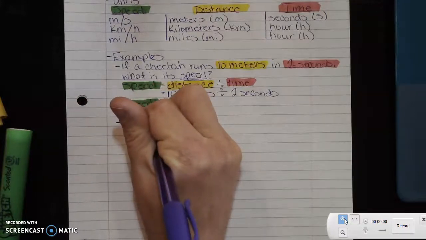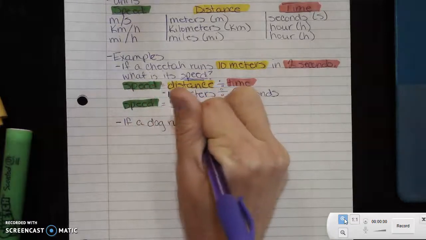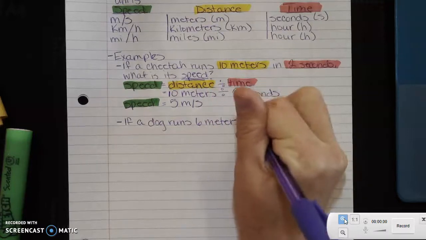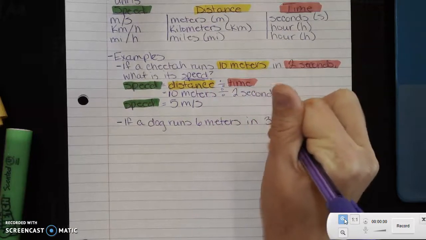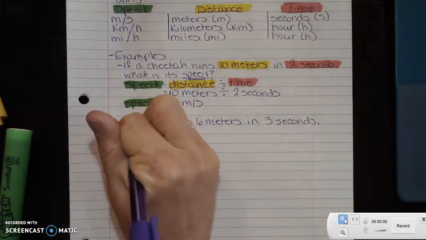If a dog runs 6 meters in 3 seconds, what is its speed?